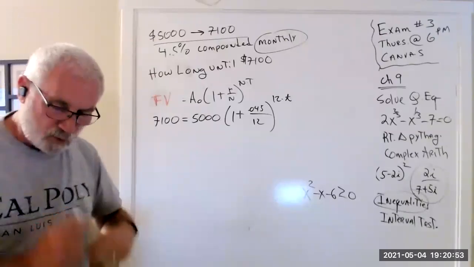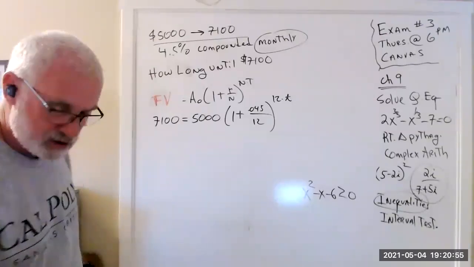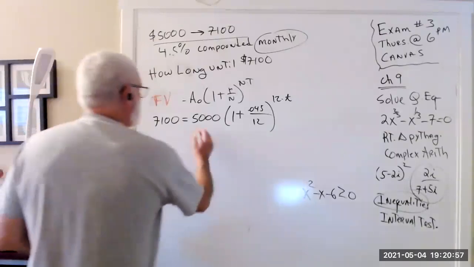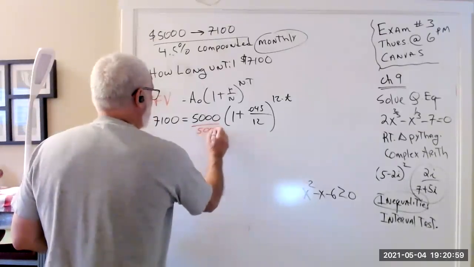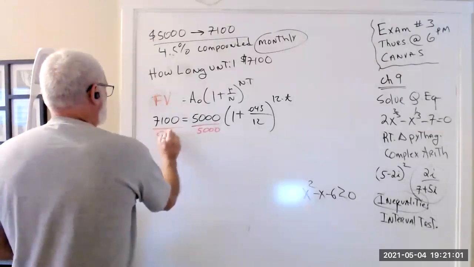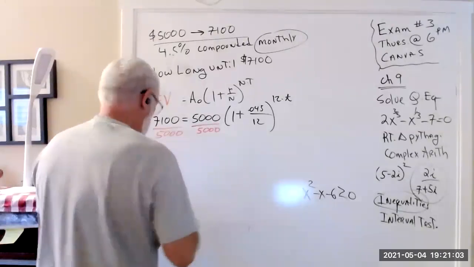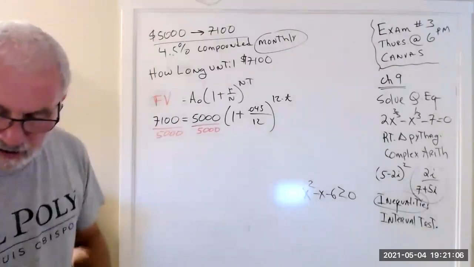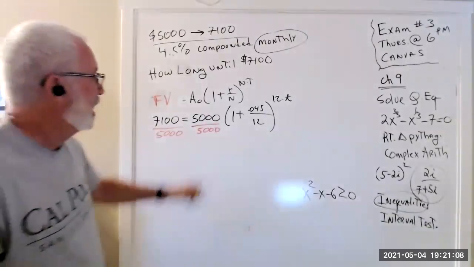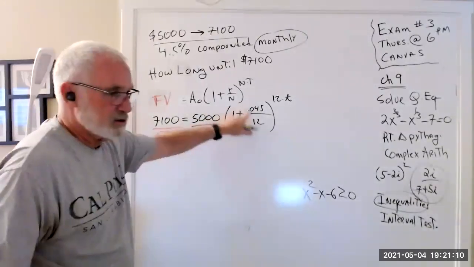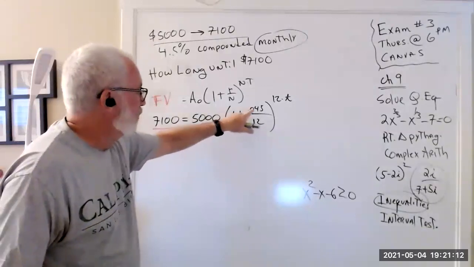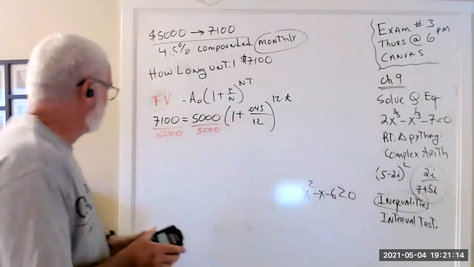So we're going to do two things simultaneously. The first thing I'm going to do is divide both sides by 5,000.